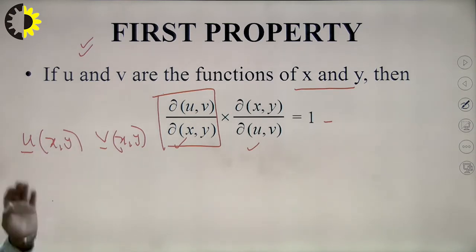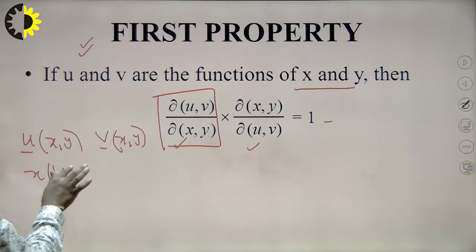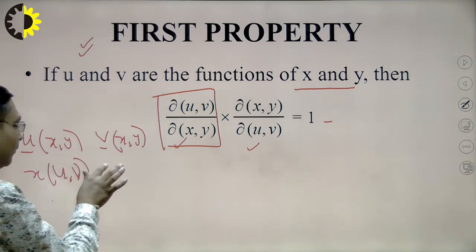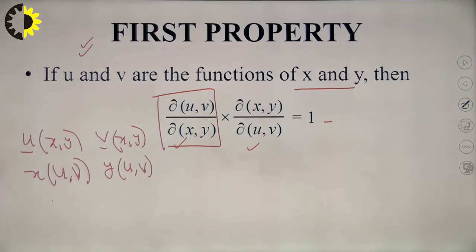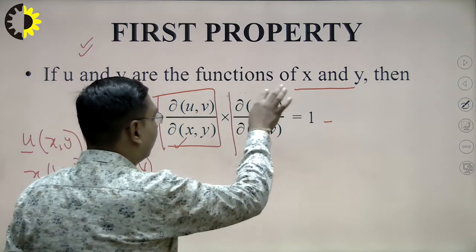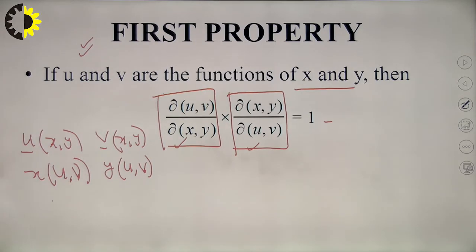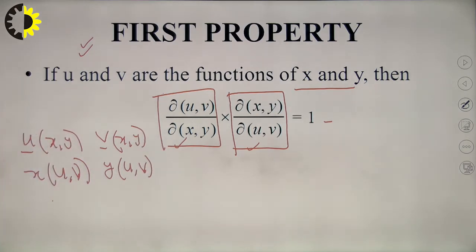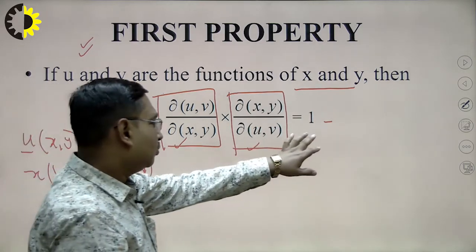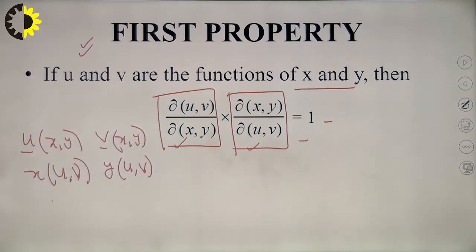Now I rearrange the terms and again I am able to express x in terms of u and v and y also in terms of u and v. Then I shall be able to calculate this Jacobian del x y upon del u v. If I find this product del u v over del x y into del x y over del u v, then its value will always be 1.